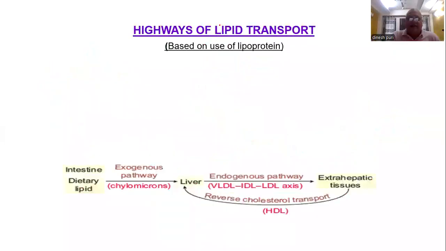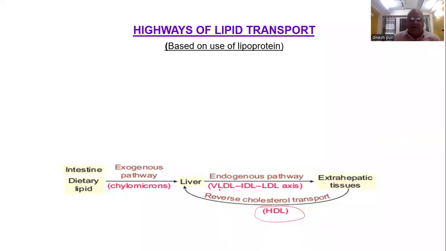The high density lipoprotein is responsible for carrying cholesterol from extrahepatic tissue to the liver, from where it will be disposed of, eliminated from the body.